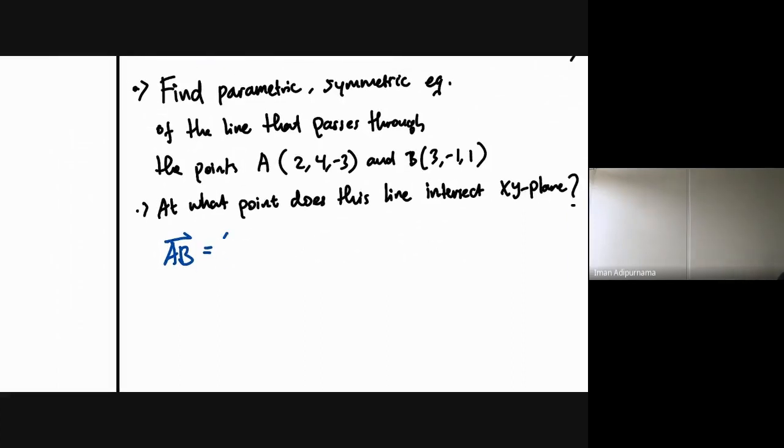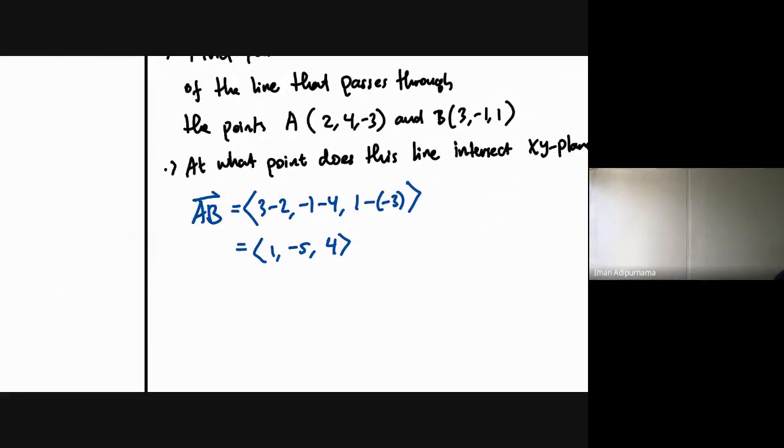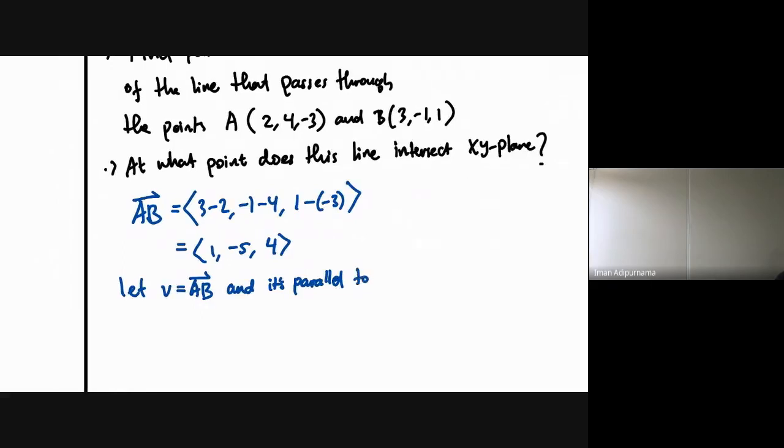This will be 3 minus 2, minus 1 minus 4, so we have 1, negative 5, and 4. Let V be the vector AB, and it's parallel to line L.